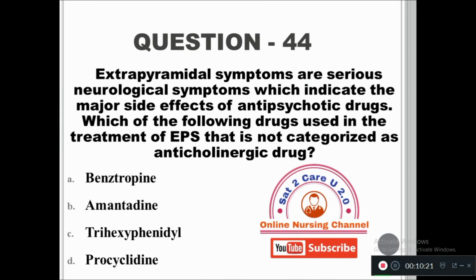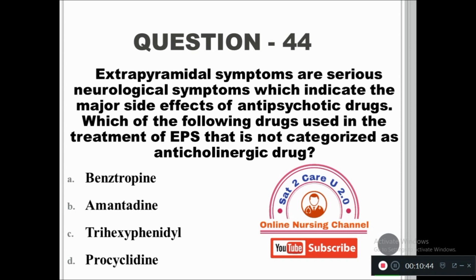Question number 44. Extrapyramidal symptoms are serious neurological symptoms which indicate the major side effects of antipsychotic drugs. Which of the following drugs used in the treatment of extrapyramidal symptoms is not characterized as an anticholinergic drug? Option A, benztropine.